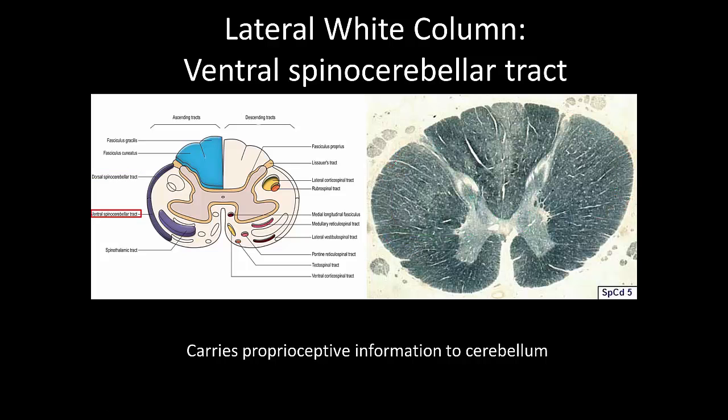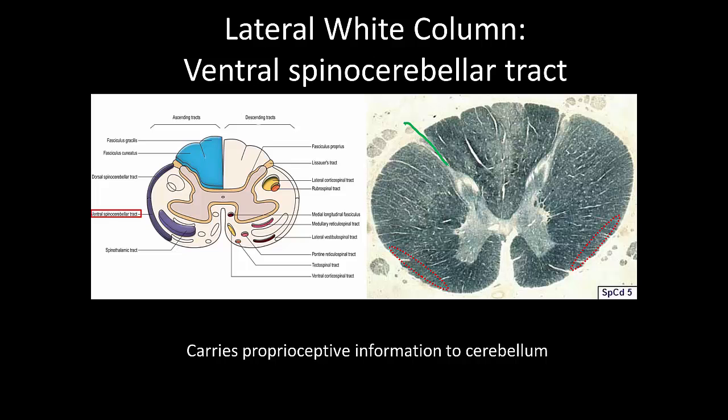Lying just anterior to that dorsal spinocerebellar tract is going to be the ventral or anterior spinocerebellar tract. The ventral spinocerebellar tract is also an ascending tract carrying proprioceptive information from both the lower and the upper extremities. These fibers are entering the posterior horn.